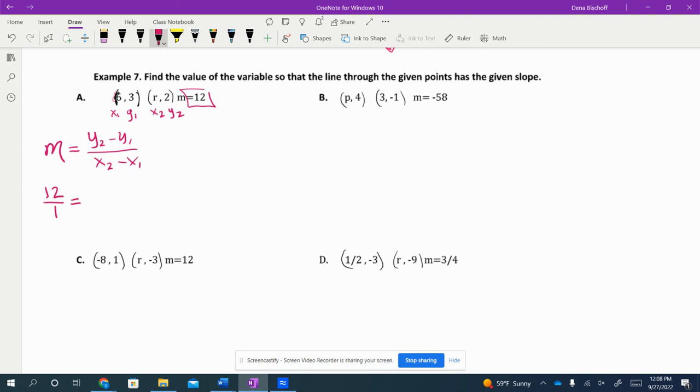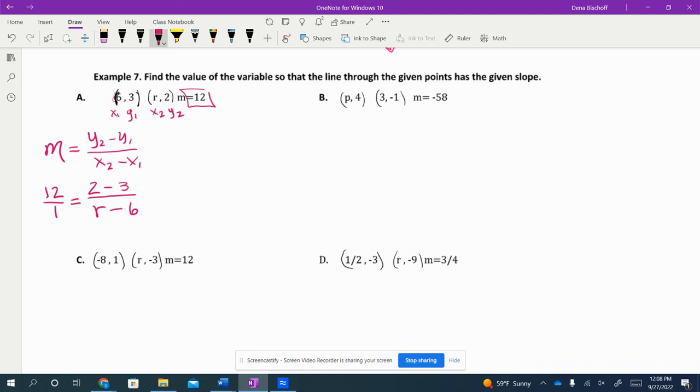2. Minus, what is Y1? 3. Over, what is X2? Minus, what is X1? Okay. So I know that that looks hideous, but it looks like a proportion. One fraction equals another fraction.